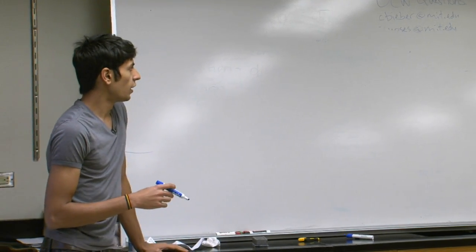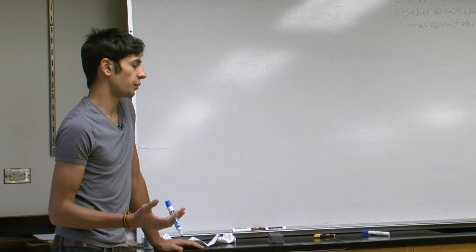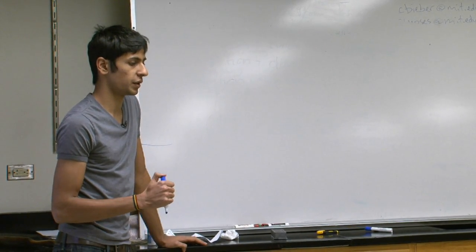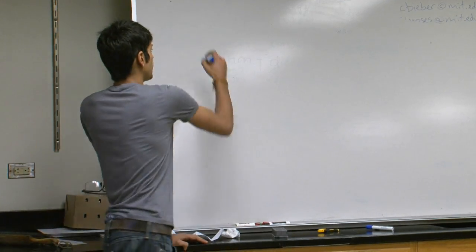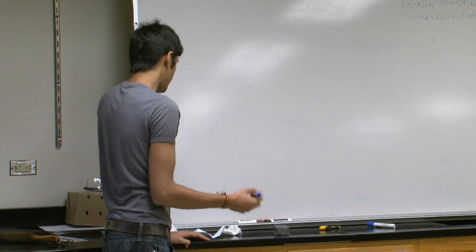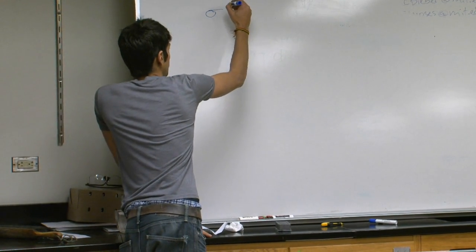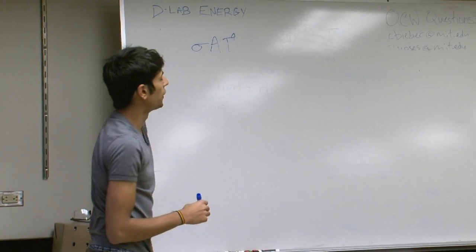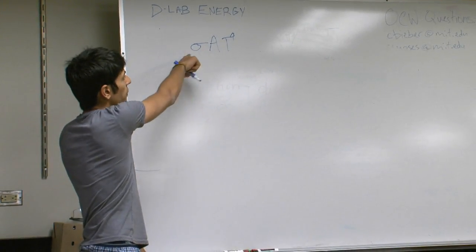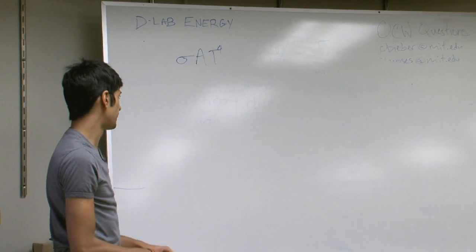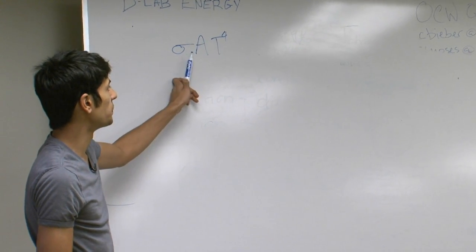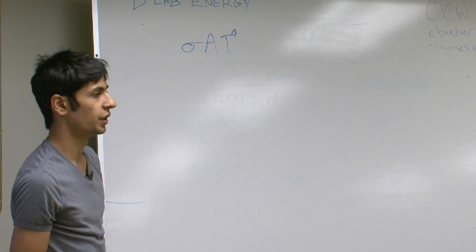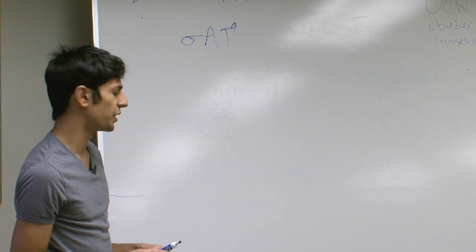The only thing that really matters is the temperature of the object. There's an equation for it: the heat transfer due to radiation is the Stefan-Boltzmann constant times the surface area of the object times the temperature to the fourth, which is an important equation to know.